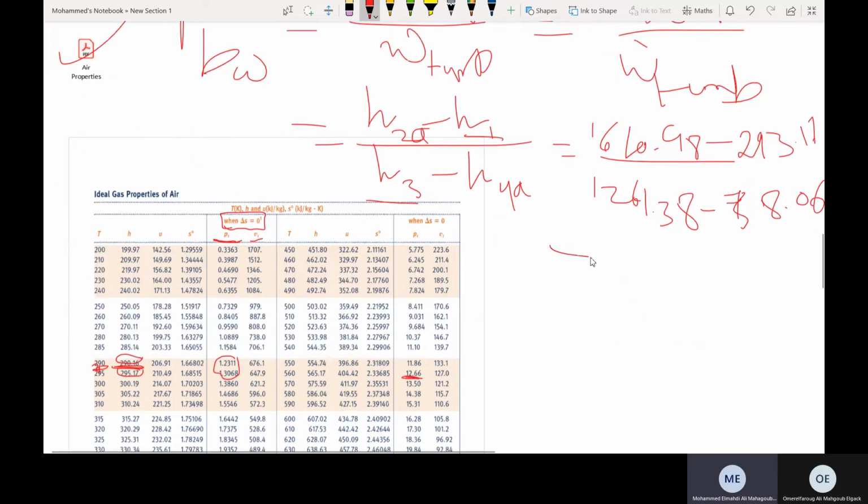So now we are going to get the back work ratio, which is fairly 60%, I guess, 0.7. Okay, 60%, 0.7. This is the back work ratio.